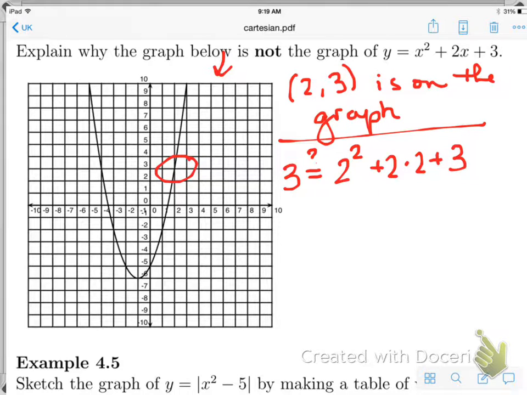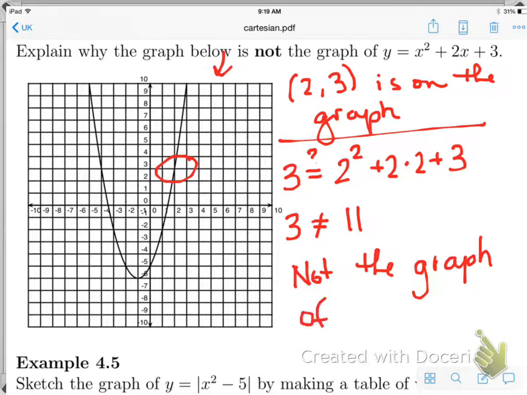Okay, well, that right-hand side actually equals 11, and 3 is not equal to 11, and so that's why this is not the graph of y equals x squared plus 2x plus 3. That's just one reason. It's not the only reason, but it's one reason.